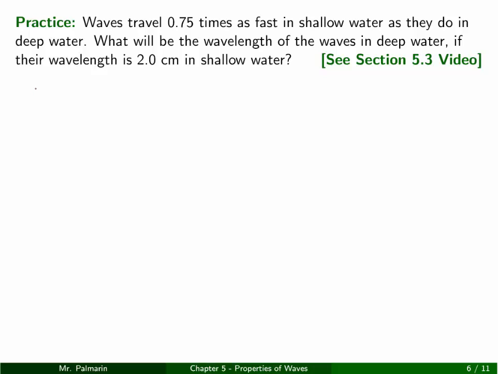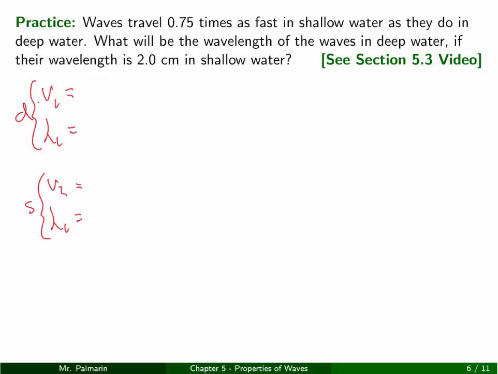Okay, so first of all, let's do this. Here this will be shallow, this will be deep. Now it says waves travel 0.75 times as fast in shallow water as they do in deep water.